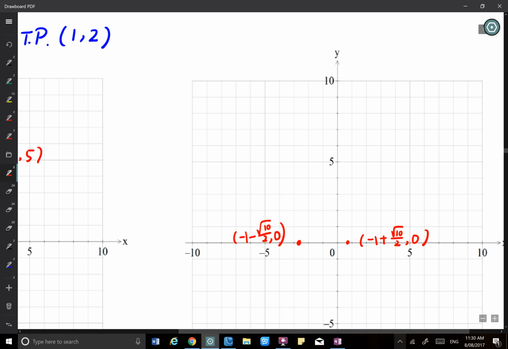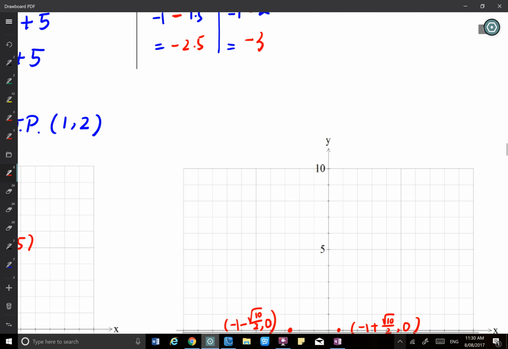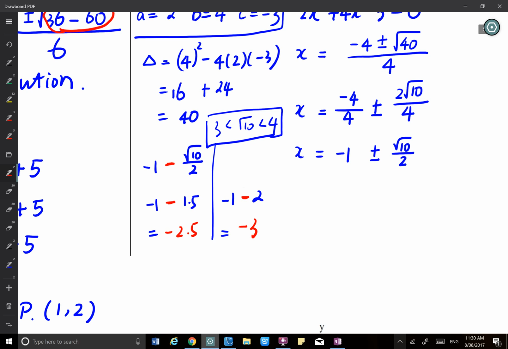Now the question is, where is the middle? What's the middle between those two numbers? What you have is a plus that and a minus that. The middle is negative 1. You start from negative 1, you add the same distance and subtract the same distance, and the middle is still negative 1.